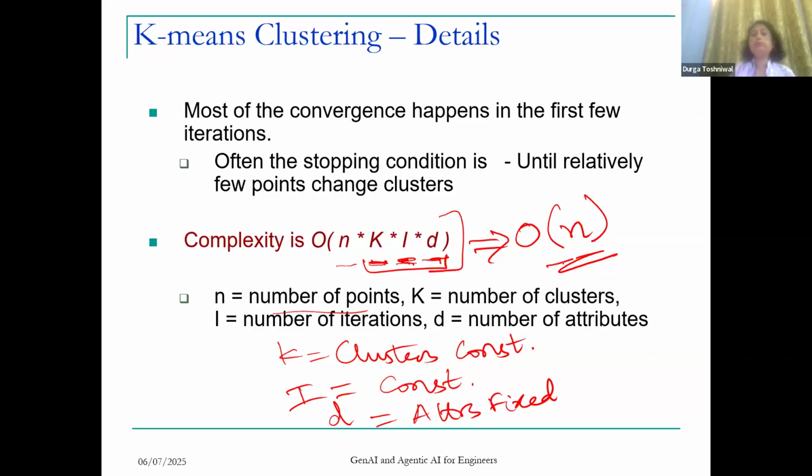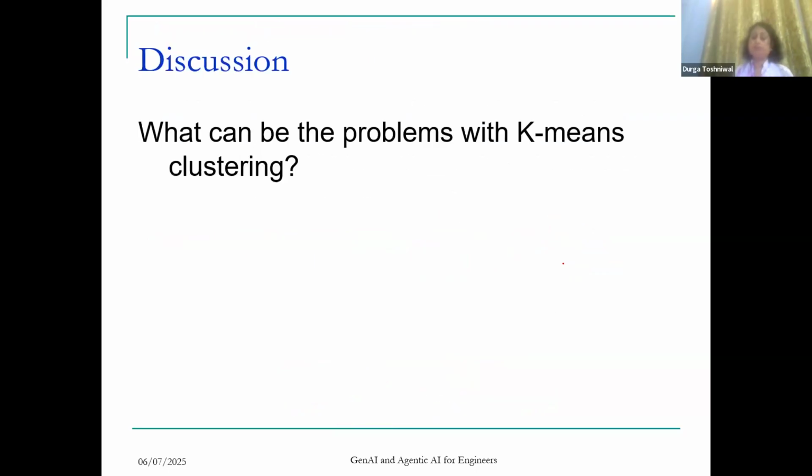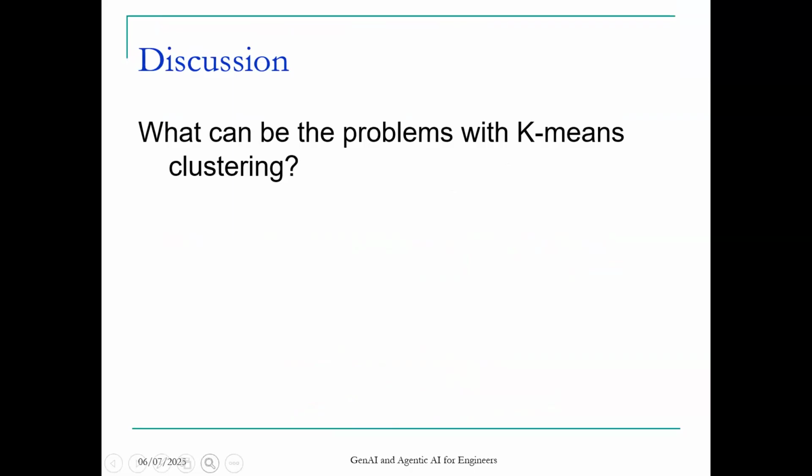Only thing to note is that you should be very careful about the total number of clusters that you choose and many other factors that we will discuss as we go along. So now, having discussed what k-means is, do you foresee any problems in the way k-means is proceeding? Anyone? I think, ma'am, the initial points, the randomly selected points, if that is skewed, maybe it will take a lot of iterations to come to the proper clustering.